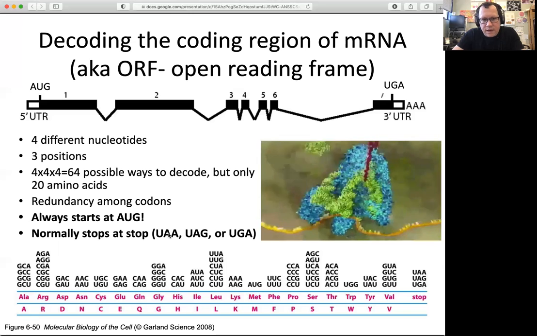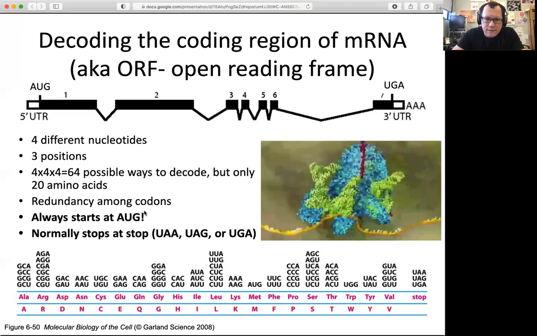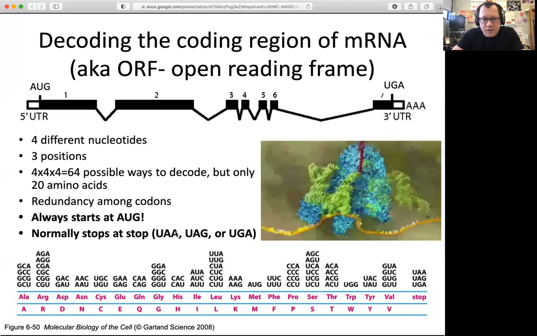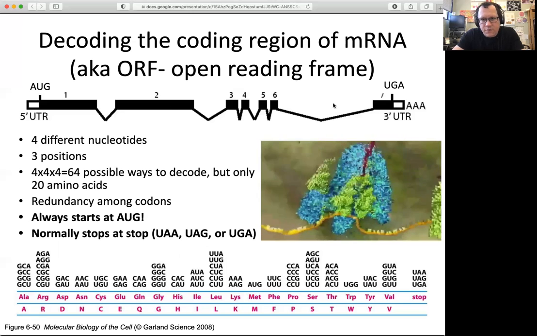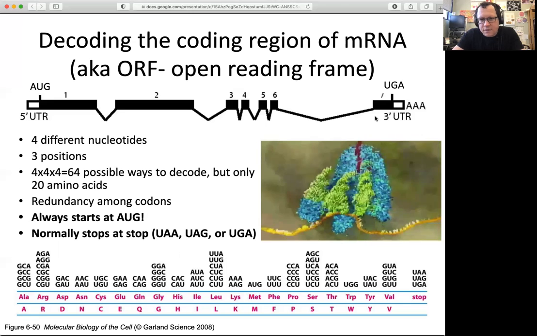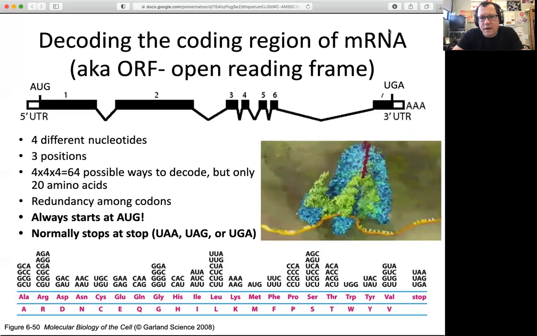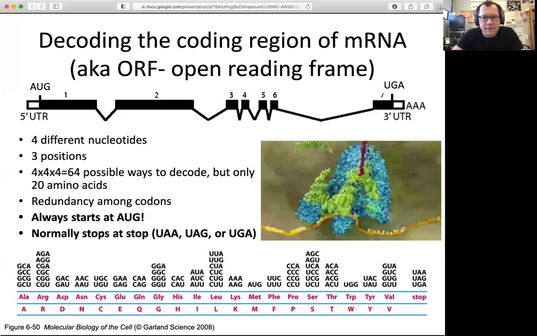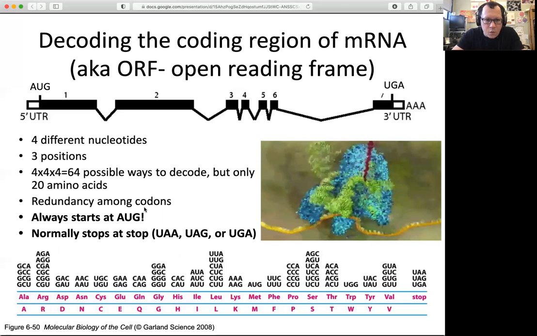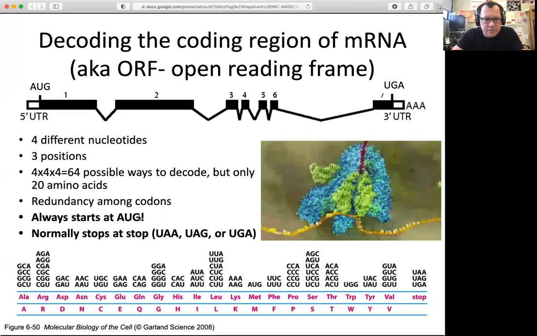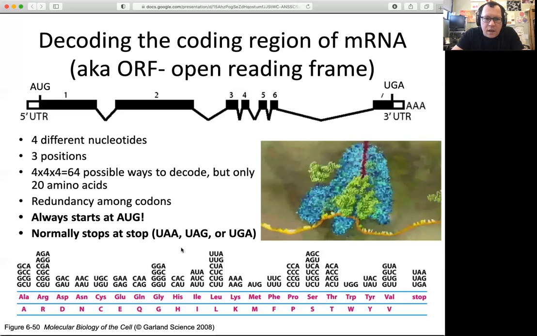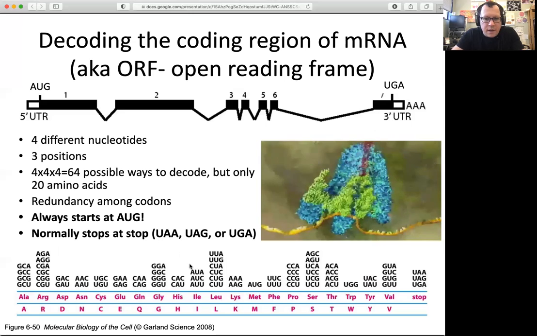Okay, and there are three different stop codons. There's only one start codon. So our possibilities here are UAA, UAG, or UGA. Okay, so when the ribosome sees that, there's a terminator tRNA that pops in there and causes translation to stop. Okay, always one start codon, AUG. Learn that, memorize it, burn it into your brains. Three different stop codons.